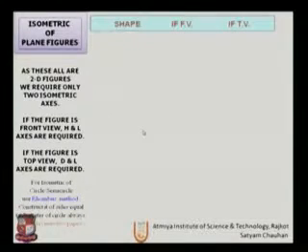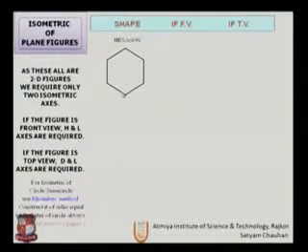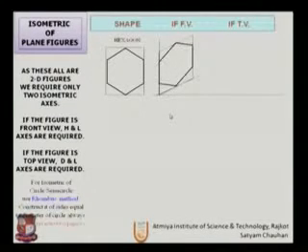Let us learn the isometric of a circle, or say semicircle. So the next shape will be the hexagon. Same as before, we need to inscribe it properly with the square.